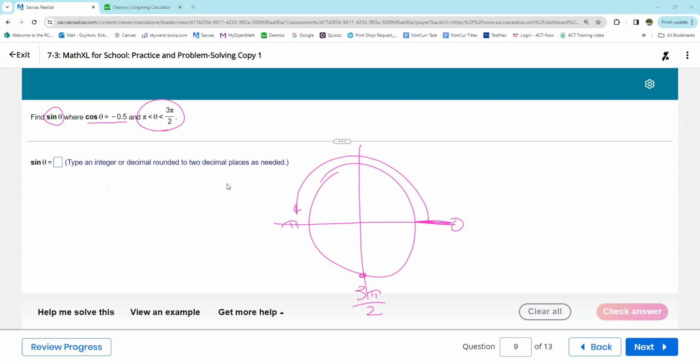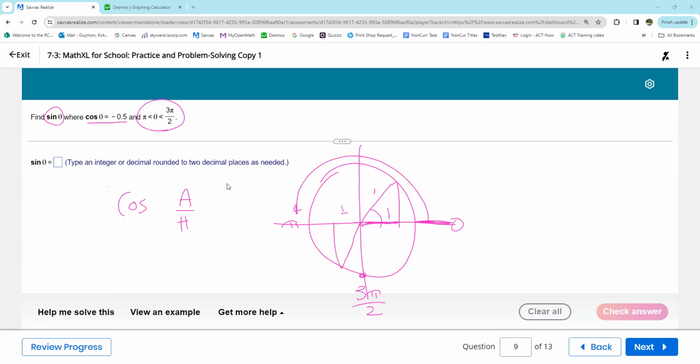So we're in here and we've got cosine. Remember, cosine is adjacent over hypotenuse. Our radius on the unit circle is always 1, no matter where we're at. The adjacent side is the x side, and the x is a half, so that's the short side of our 30, 60, 90.